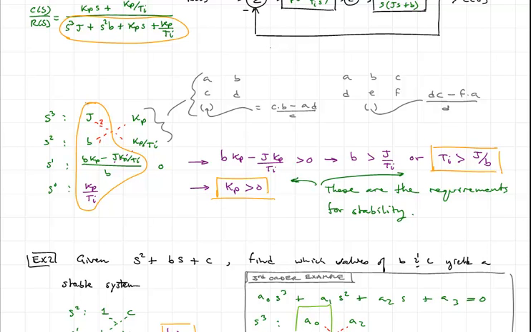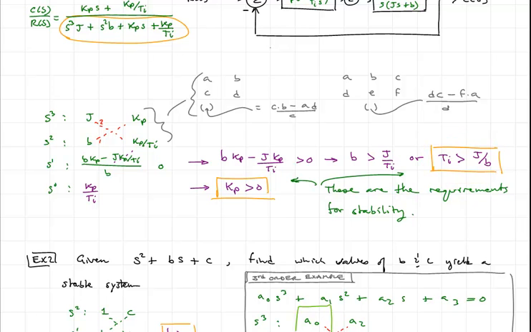So we can do a little arithmetic on our third row here, and we find that there is a constraint on Ti that it must be greater than the quotient of the rotational inertia divided by B. And then because Ti is positive, based on that constraint, we now can say that using the last row, Kp must also be positive, such that the quotient of Kp over Ti would be positive, and therefore there would be no sign change going down the first column.